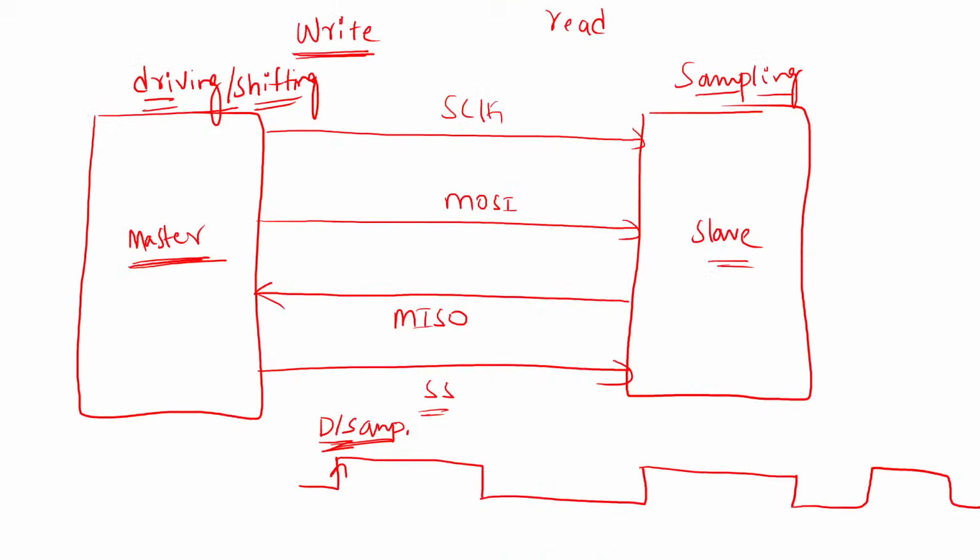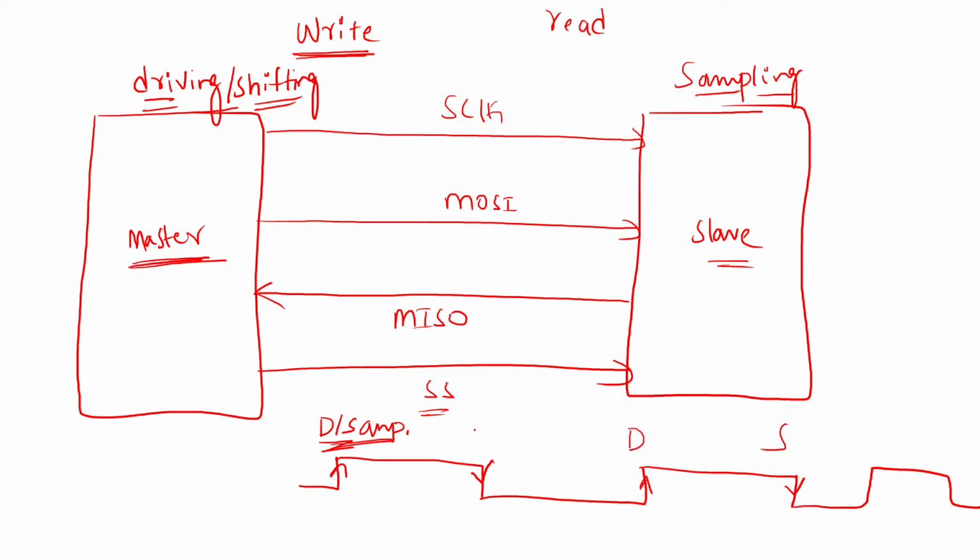Obviously no, right? I cannot have driving and sampling happening at the same edge of the clock. That's the reason for what I'm going to do in this particular protocol. What the protocol specifies is that you do driving at one edge and sampling at another edge. If driving is happening at the positive edge, then you do sampling at the negative edge.